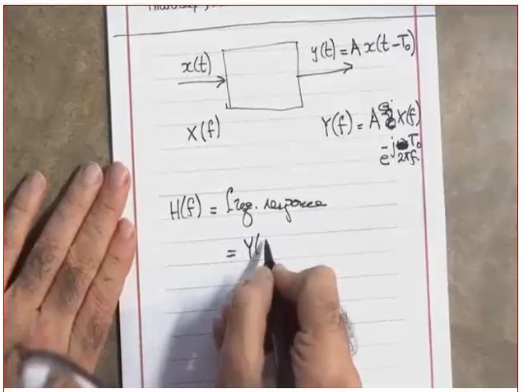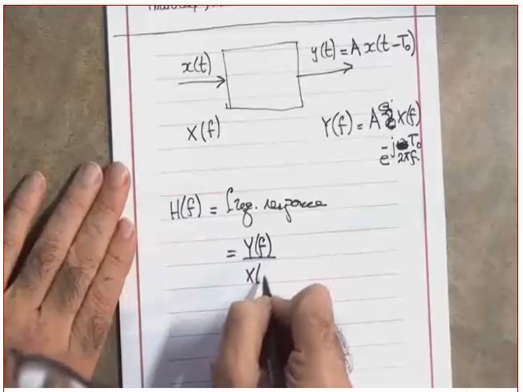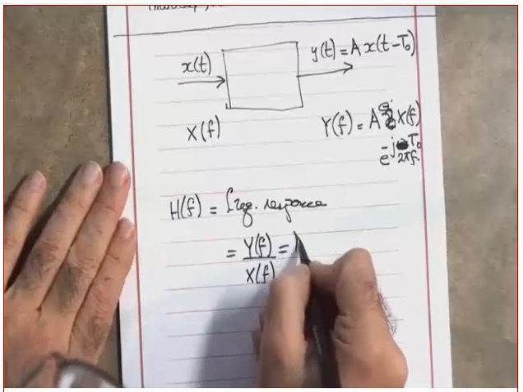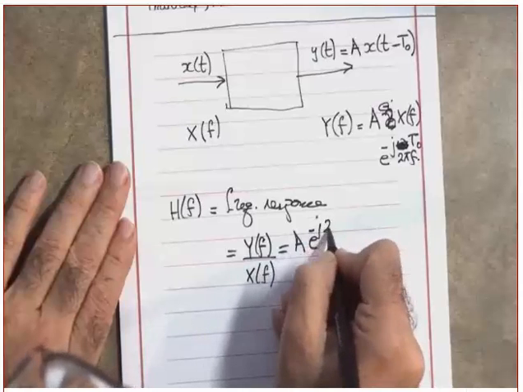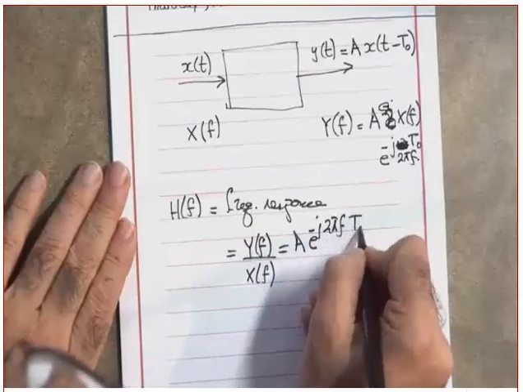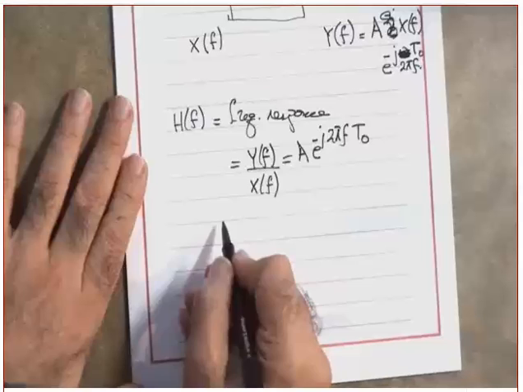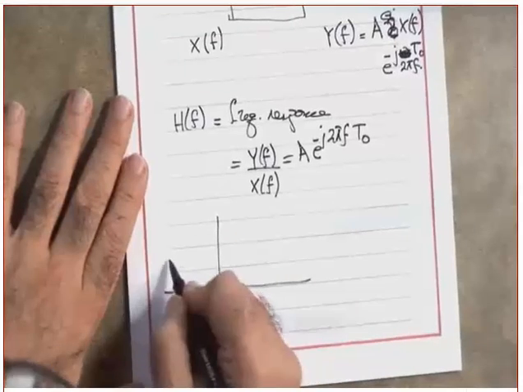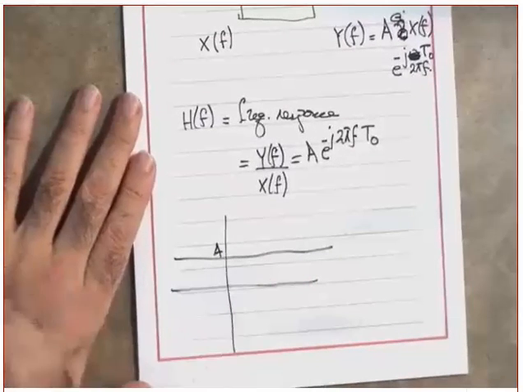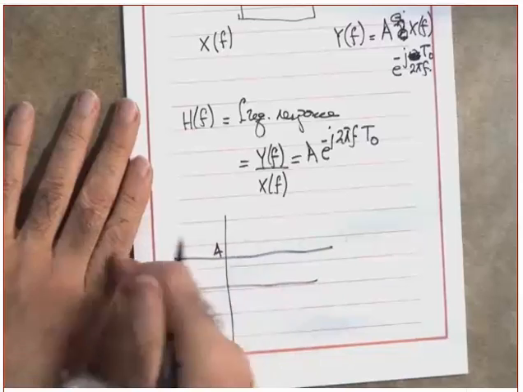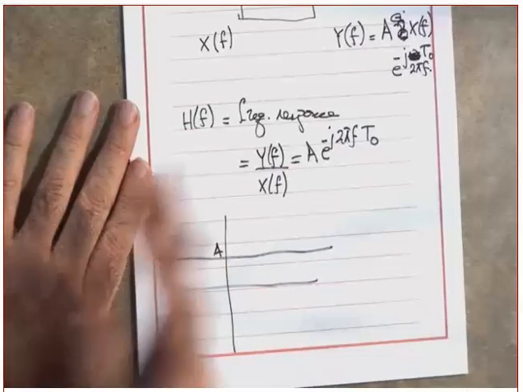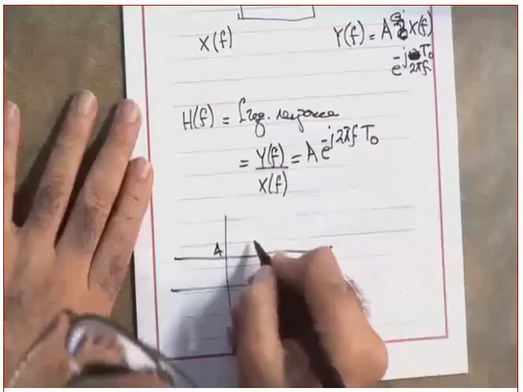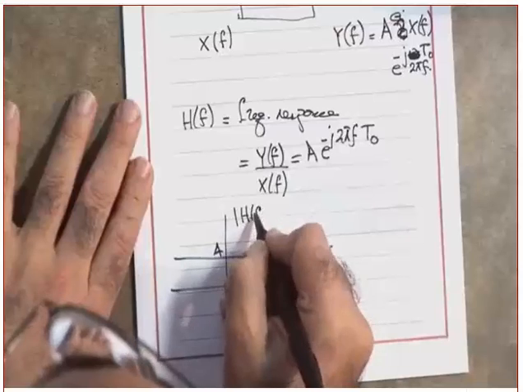What is it? How do I sketch this? The magnitude? Yes or no? Is it constant for all frequencies? For all frequencies, what is the phase? So this is the absolute value of h of f.